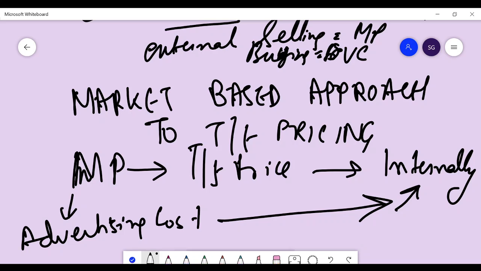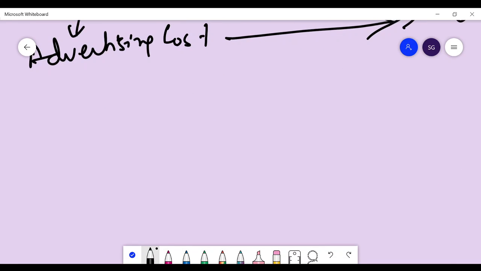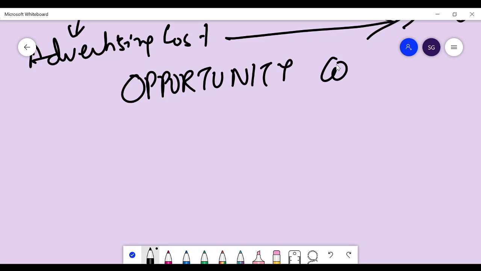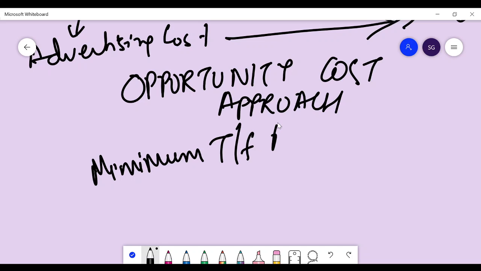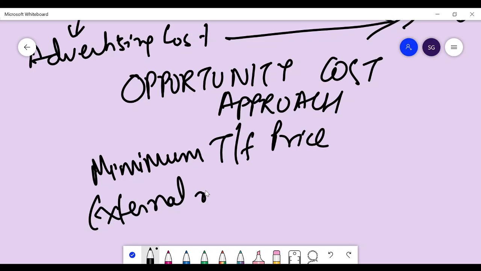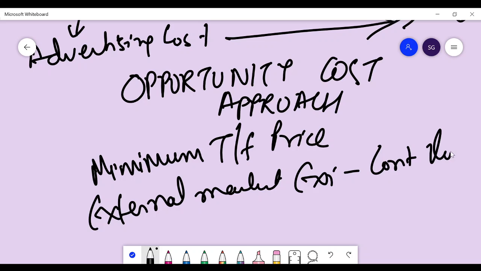Next approach that we have is opportunity cost approach to transfer pricing. In this we have minimum transfer price: marginal cost to selling division plus opportunity cost of resources used. If external market exists, then contribution lost.